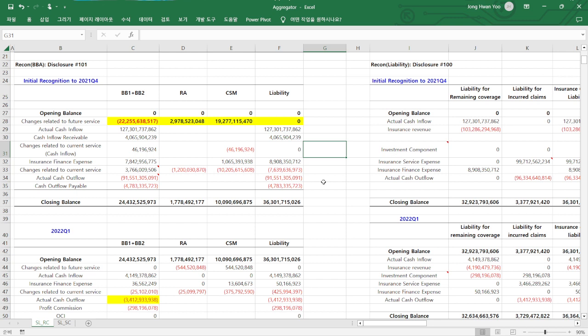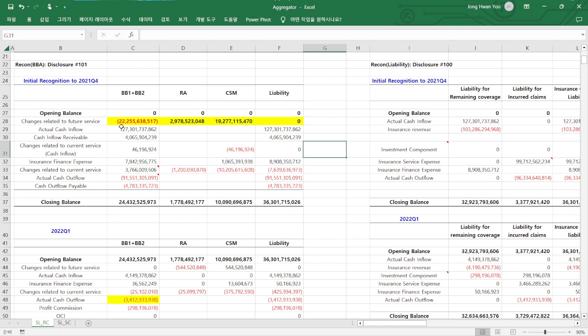So I will call that the transition. And in the standards, you can use the modified retrospective or full retrospective. Here, I used the full retrospective approach.